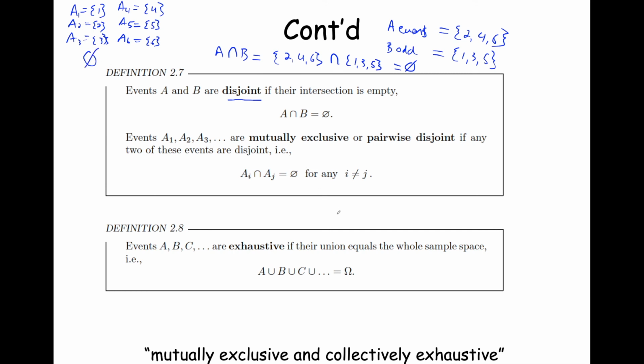Okay. Likewise, a set of events is called exhaustive if their union is the entire sample space omega. So how would we make the sample space omega from each one of these singleton events, A1 through A6? Well, remember, omega die is equal to {1, 2, 3, 4, 5, 6}, which is the same as the union of the singleton events for 1, 2, 3, 4, 5, and 6.